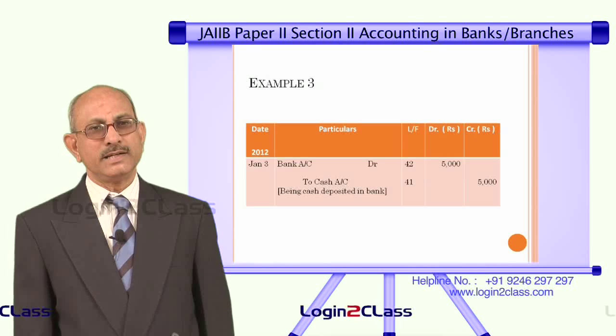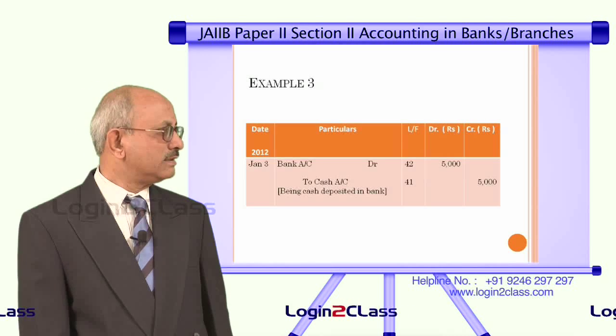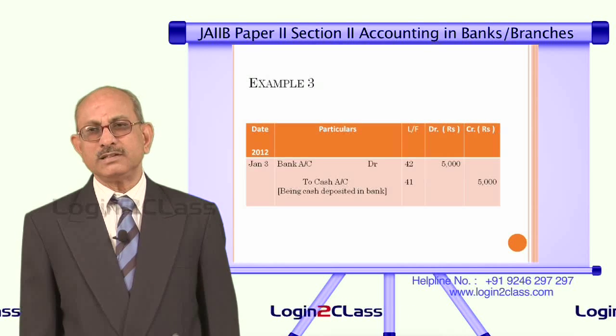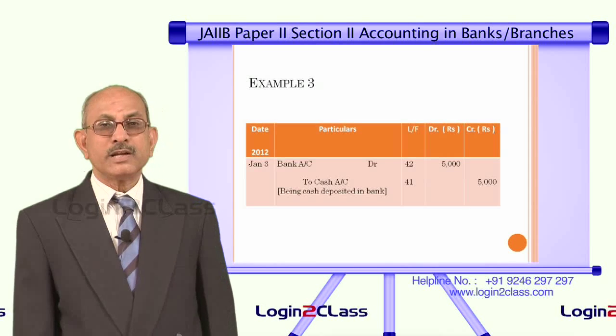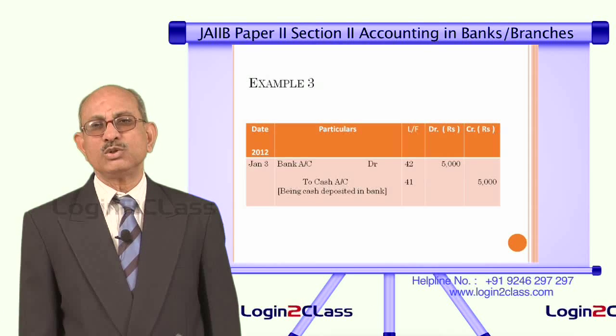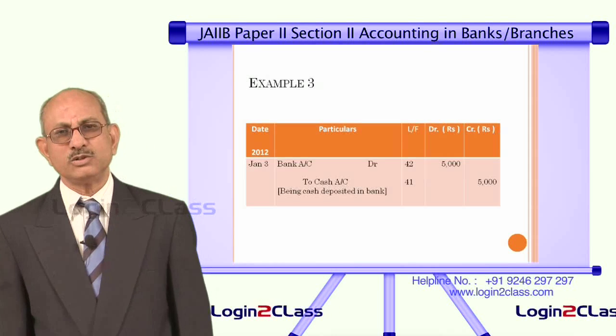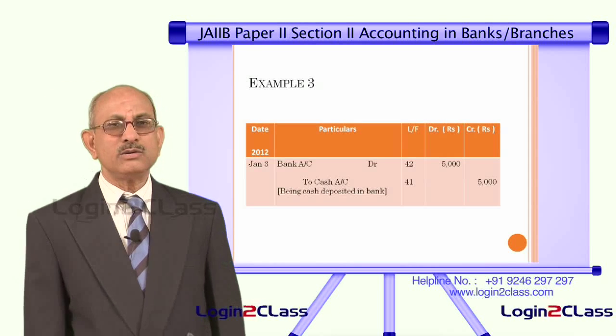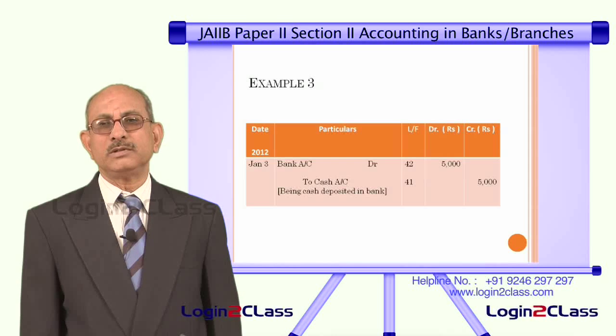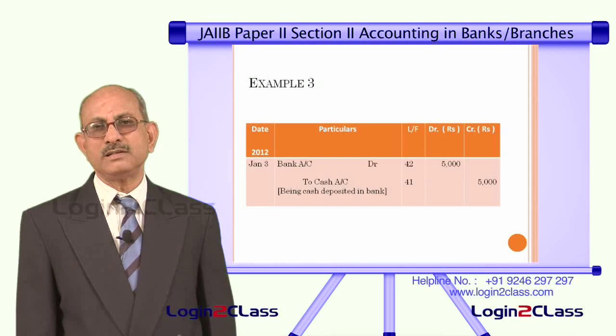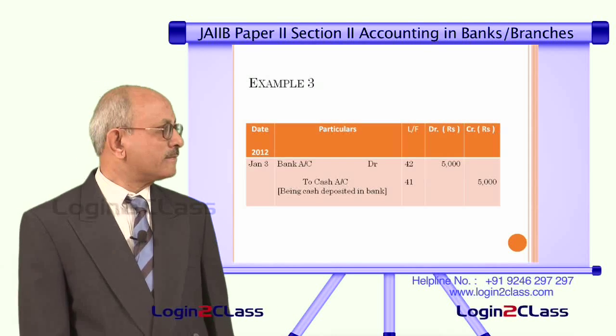Both are real accounts because they are the assets of the entity. So in the case of assets, the golden rule is debit what comes in and credit what goes out. In this case, cash has gone out of the entity. So cash account has to be credited and bank account has to be debited because there is an increase in the debit balance of the bank.